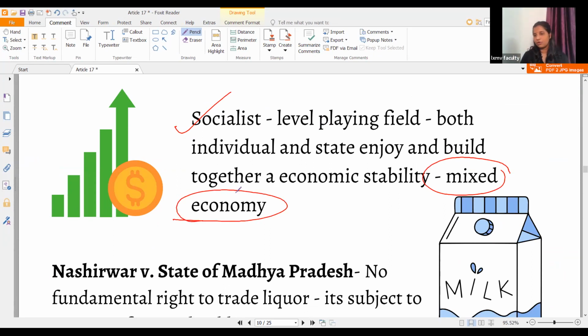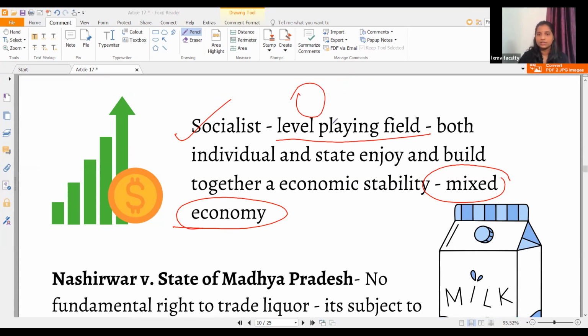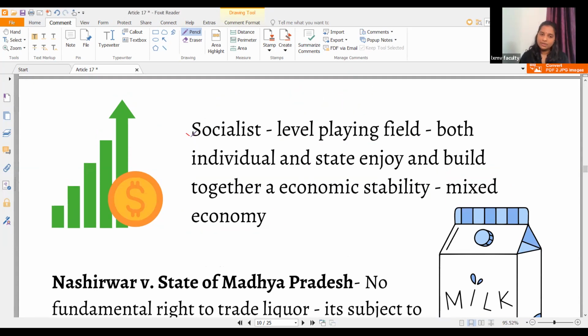Why we followed a mixed economy is that we created a level playing field for the government and for the individual. We promise socialism in our preamble, but we follow a mixed economy, which means we allow the government entity and also the private individual to take part in the economy and build an economically stable nation.